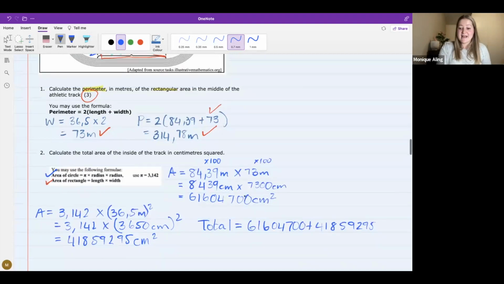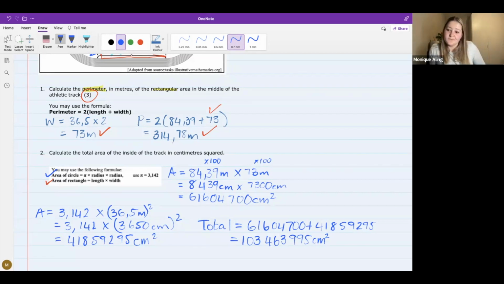And we get this massive number as our answer. Okay, which I can see most of us have gotten. Do I have any questions with this one?